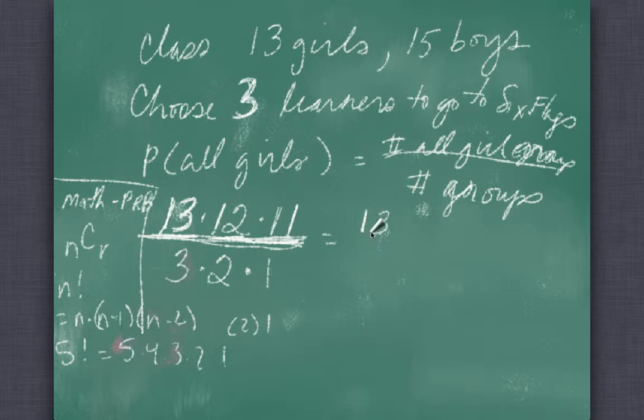So if I wrote 13 factorial, the problem is that I don't have the 10 and on down. So I need to divide by the 10 and on down. And then these two together give me just this. But then I also have this, right? So 10 plus 3 is 13. 3 is the number we're choosing.